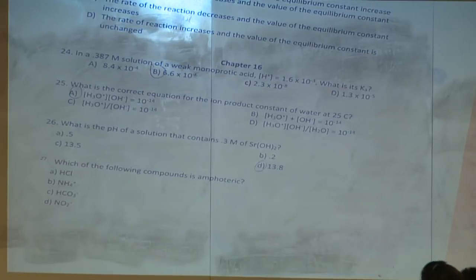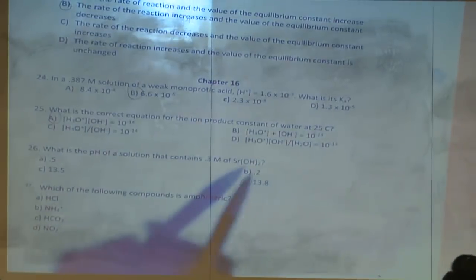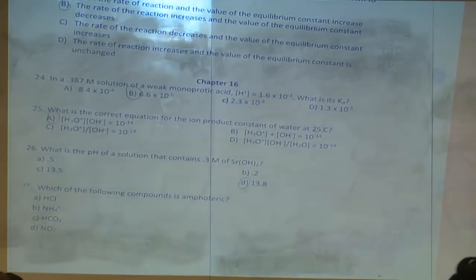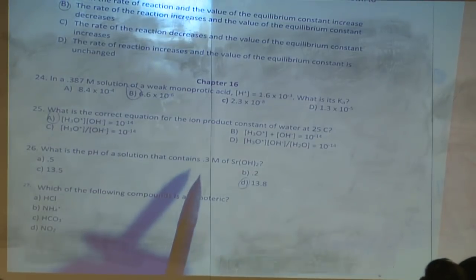Yes. Why do we have to multiply the concentration by 2 again? So for each strontium hydroxide, when it dissociates and reacts with water, it creates 2 OH, not 1 OH. So you need to multiply this number by 2. Okay.